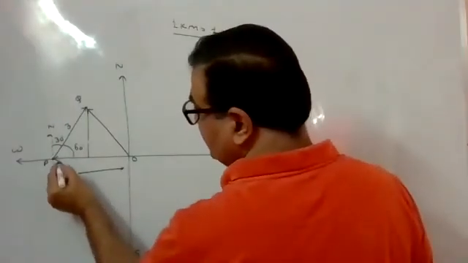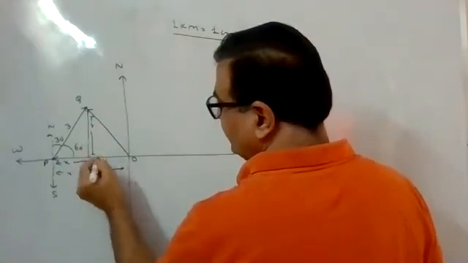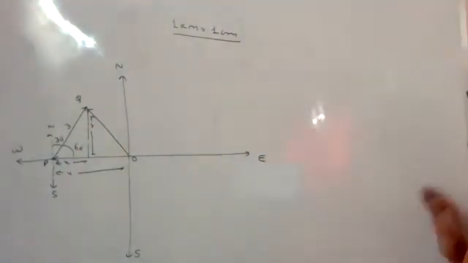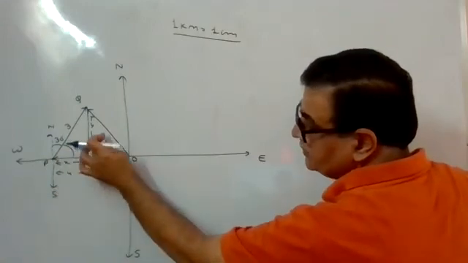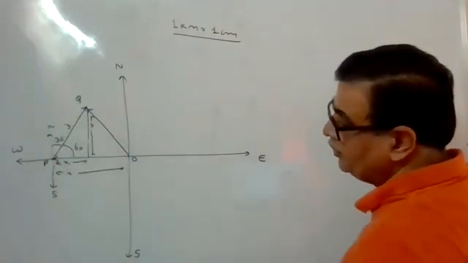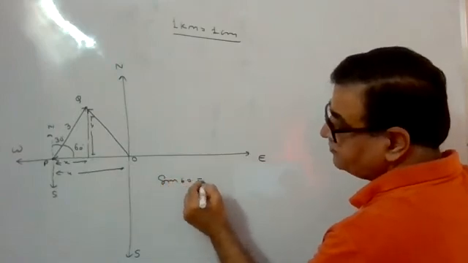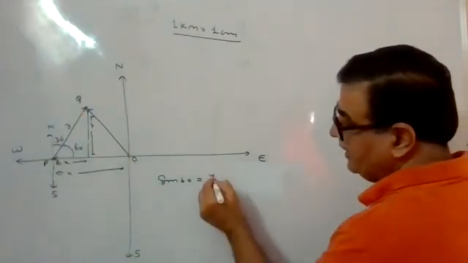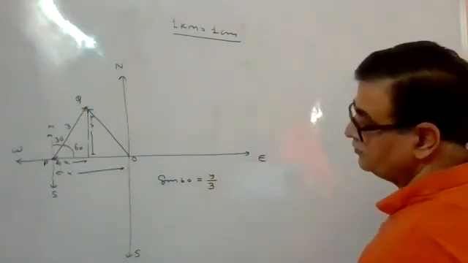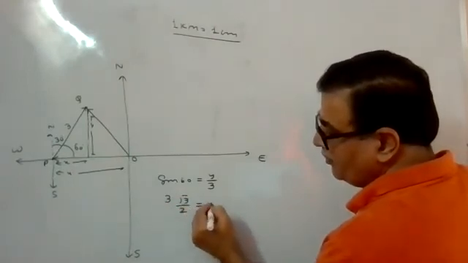Let this length be x and this length I take as y. Then if I take this is theta here, so this is perpendicular, hypotenuse is already known, so if I go for sine 60, perpendicular by hypotenuse, so it will come y by 3. Or I should say 3 into root 3 by 2 is your y.